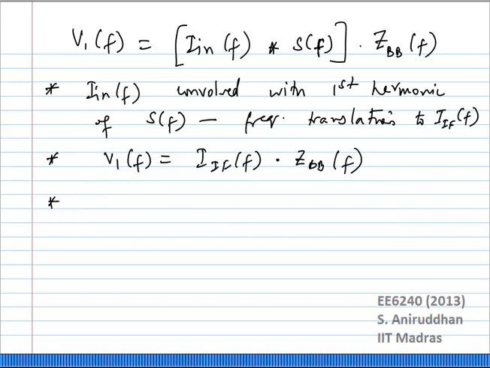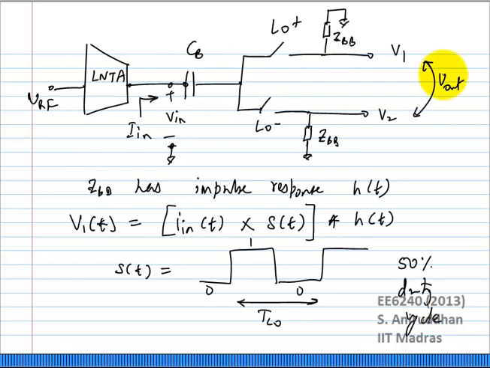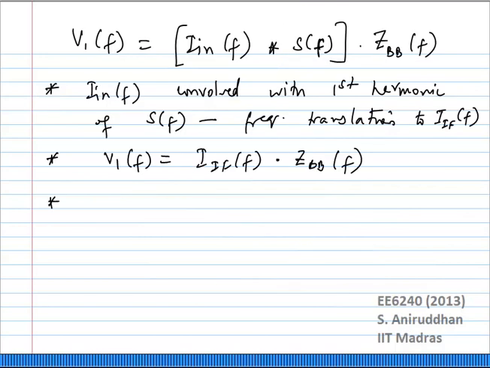Okay, so in other words, if this was going into a low impedance node, we are not creating any voltage, the matter ends there. The minute you try to multiply it with an impedance, you are going to create a voltage there, which can again mix with the switching pair.